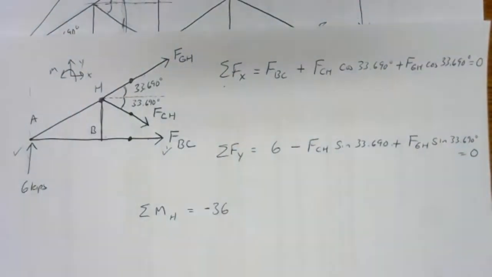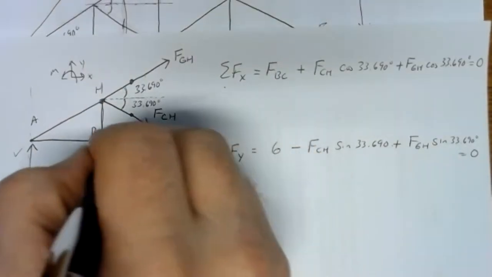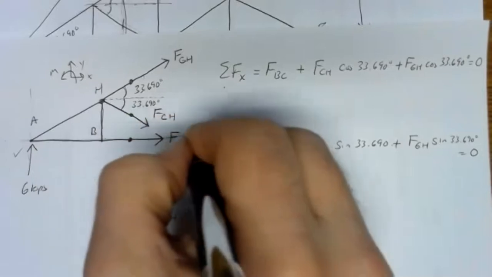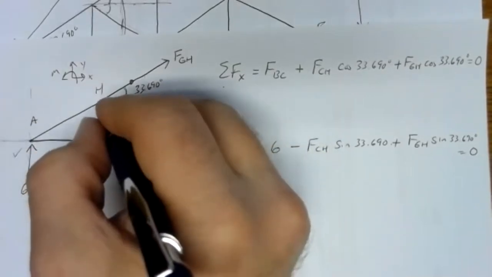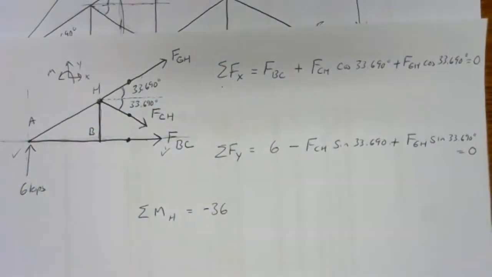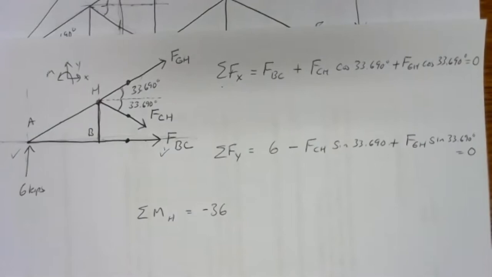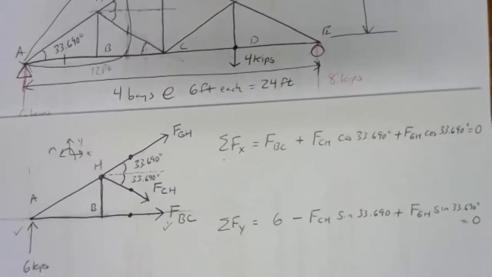So we got negative 36 there. The member FBC is right there, or the force due to FBC is right there. So this distance right here is our arm, and that distance isn't given to us in the problem.